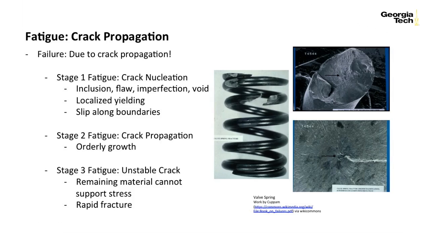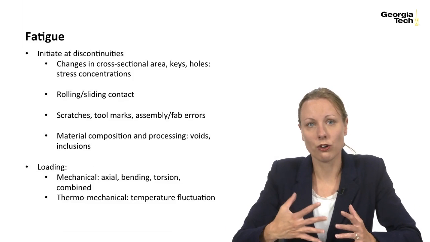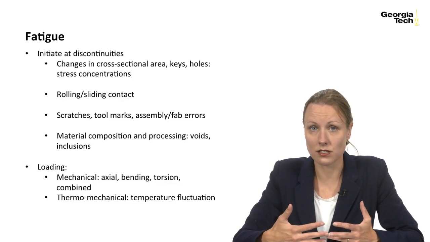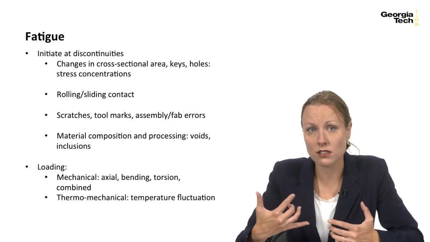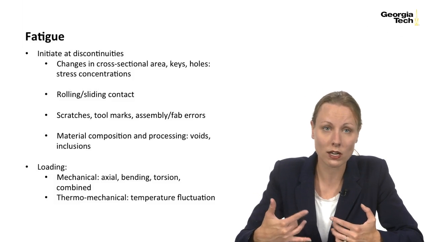On the left, you can see the valve spring, and you can see the fracture sites. There are some SEM photos of the actual fracture site, and if you look, you can see the inclusion that would have caused the highly localized yielding. This is where the stress concentrated, and it's where the failure and the fracture began. So fatigue initiates at discontinuities. These discontinuities could be due to material composition and processing errors, so voids and inclusions.